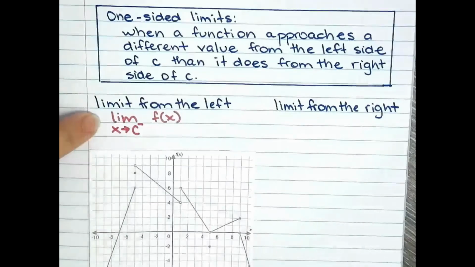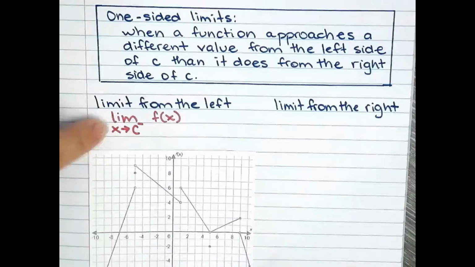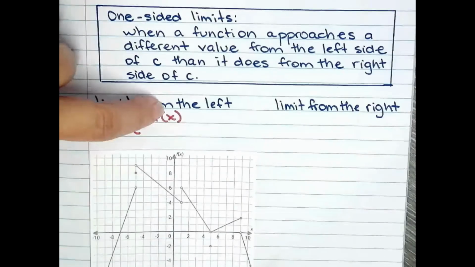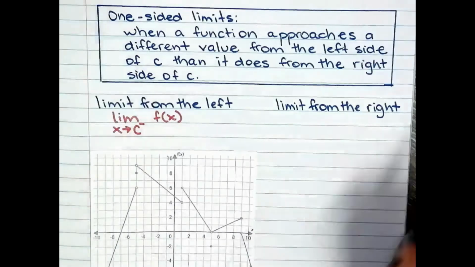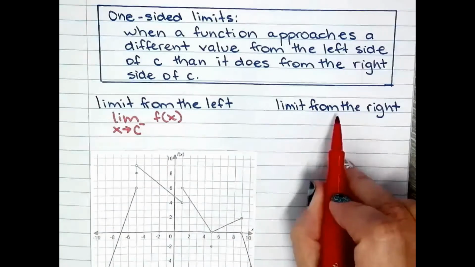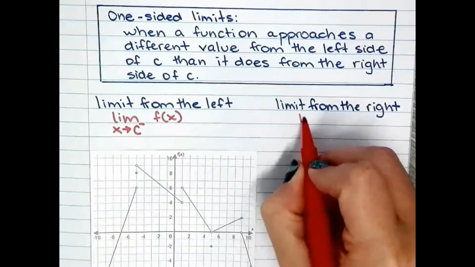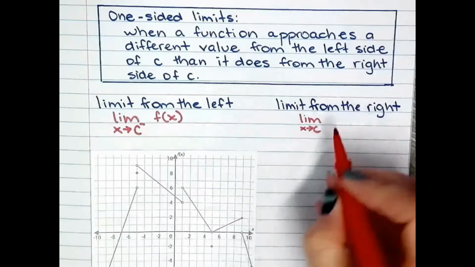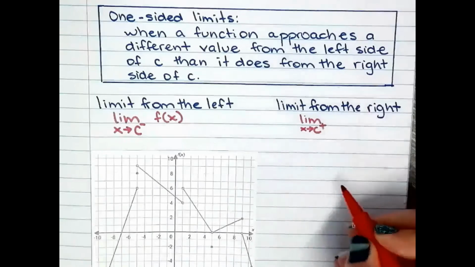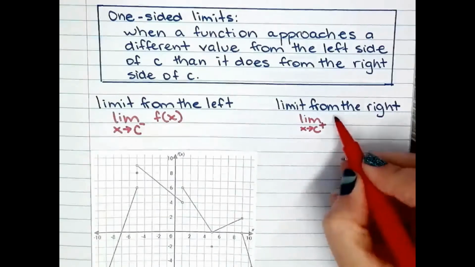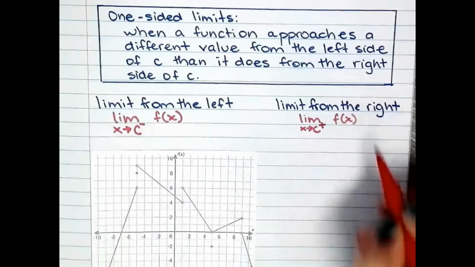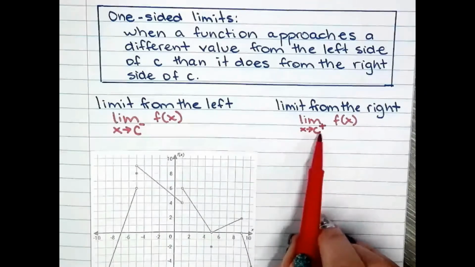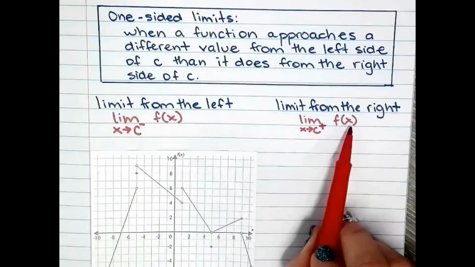So you read it as the limit as x approaches c from the left of f of x. And then the limit approaching from the right, you have the limit as x approaches c from the right. So there's a little plus sign right there, of f of x. Again, the limit as x approaches c from the right of f of x.